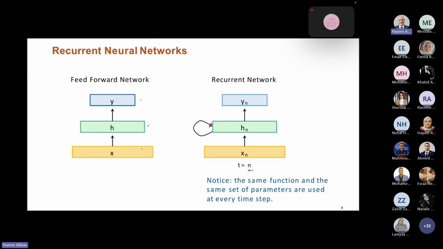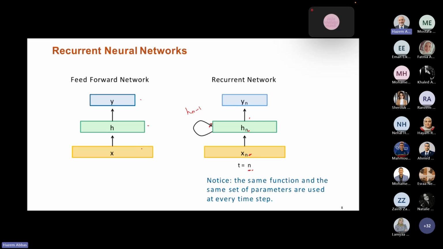So the output from the hidden layer at time n is dependent on the current input x_n at time n plus h_{n-1}, h at time n minus 1. And this is where the recurrence is happening.